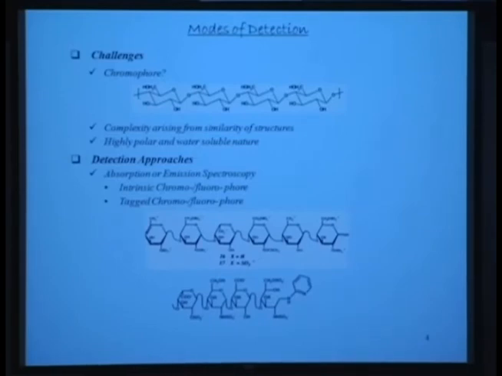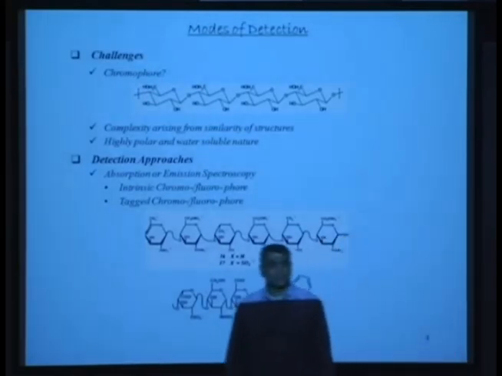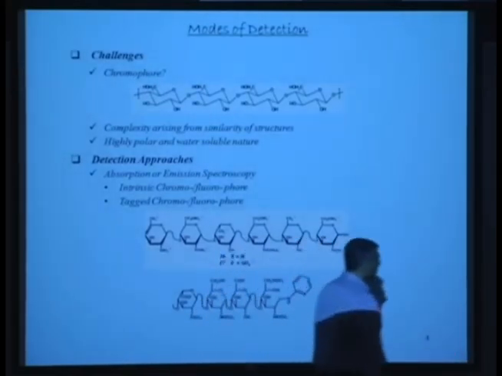So this cannot be hydrolyzed, and it's stable. And once this is formed, you essentially can detect it very easily. Okay, so that's the basic principle for enhancing the detectability of carbohydrates.